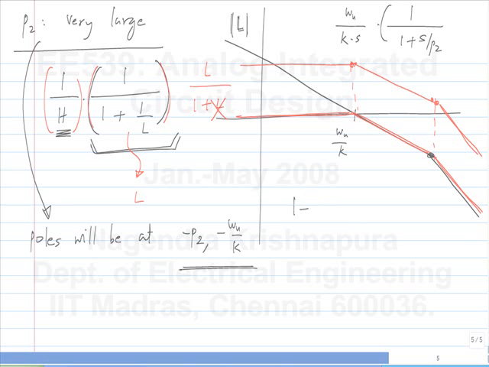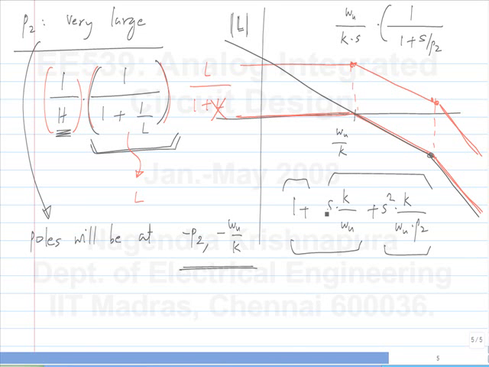The denominator is... now when the roots of a quadratic equation are real and are very well separated from each other, you can neglect either this one compared to these two, or you can neglect this compared to these two.